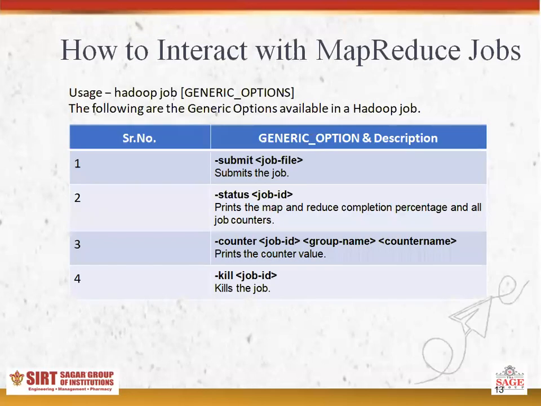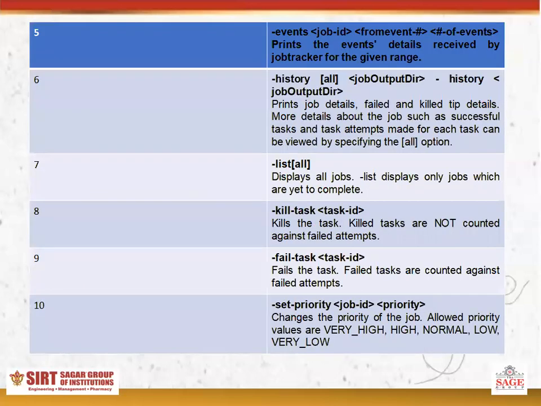Now we are going to learn how to interact with MapReduce. Here we are going to see different commands like submit, status, counters, and kill. Submit is used for submitting any job. Status prints the map and reduce completion percentage. Counters prints the counter values. Kill kills the job. Next is history.